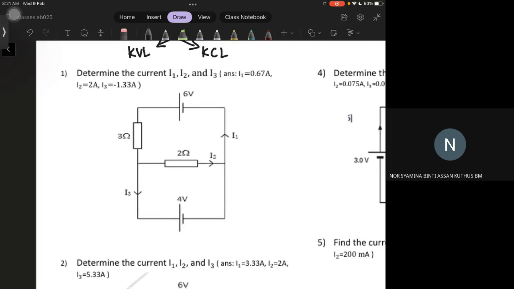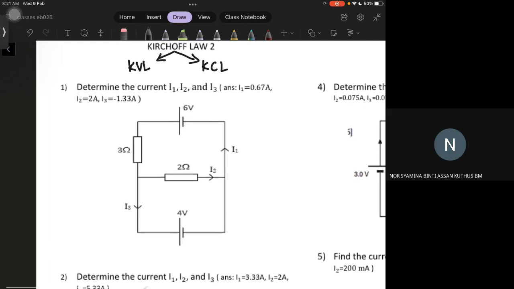So bagi mana-mana soalan Kirchhoff's law, if the question is asking to find the current and if it is already labeled for you, I1, I2 and I3, just make sure where are the currents, dia punya direction in the circuit.